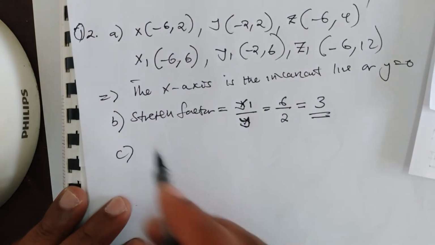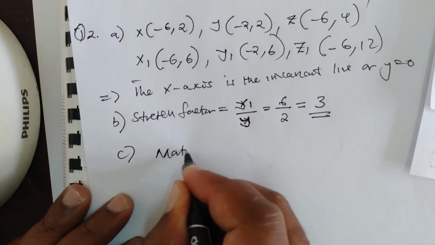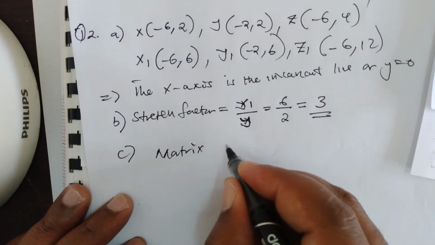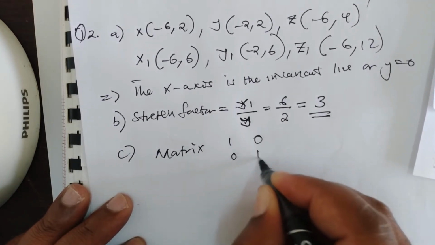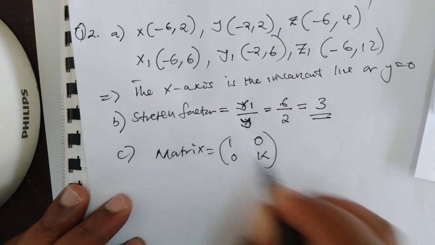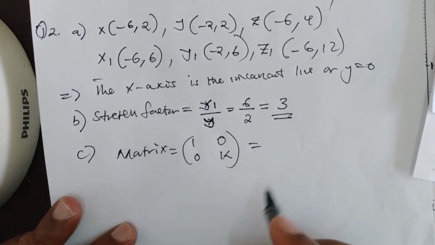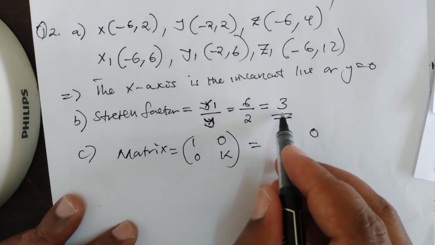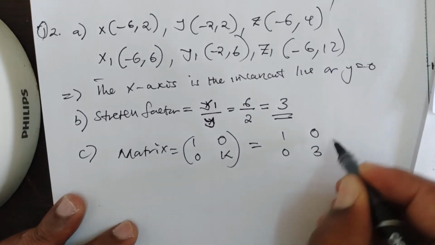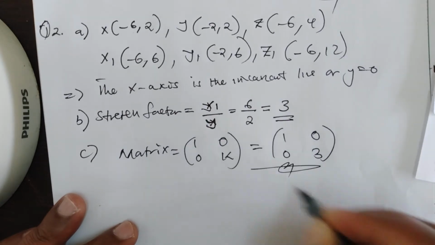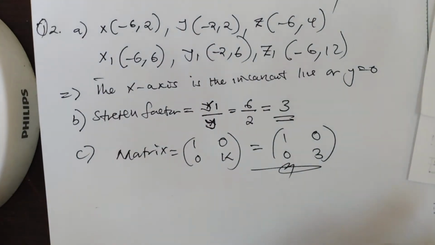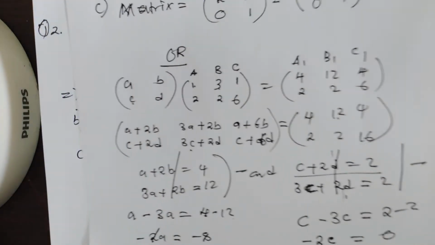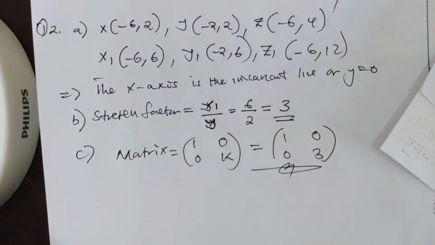All right, so the matrix is 1 0 0 k. This will be equal to what is our stretch factor? 3. So this is the matrix. Alternatively, you can solve them simultaneously, and you'll still get that answer.